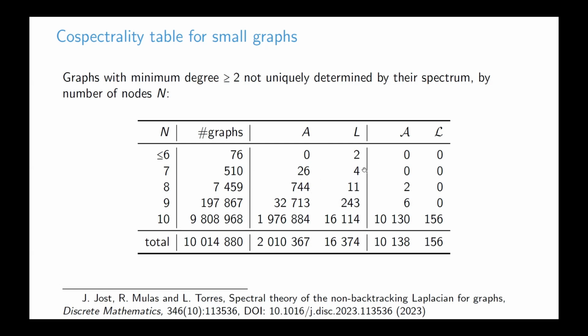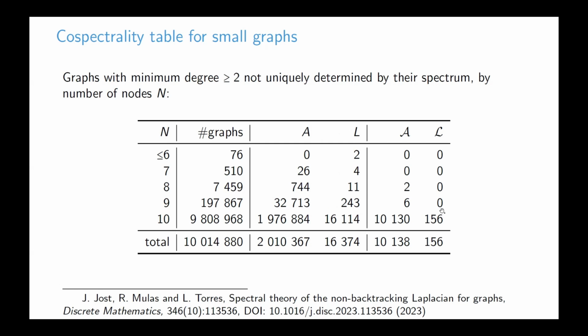And of course, the smaller these numbers are, the better the matrices are at distinguishing non-isomorphic graphs. So it was already known that the normalized Laplacian is better than the adjacency matrix when it comes to cospectrality. So this is why these numbers are smaller. It was also known that the non-backtracking matrix is better than the normalized Laplacian in this regard.